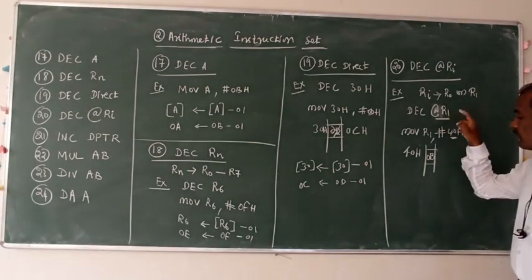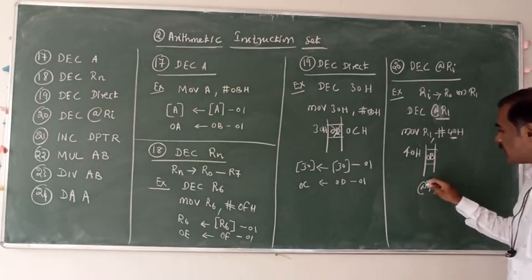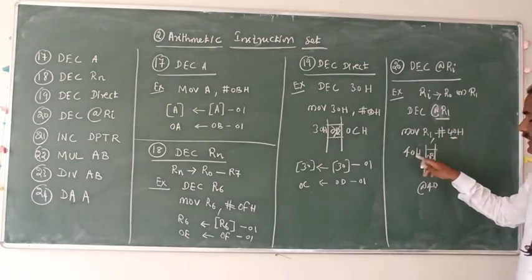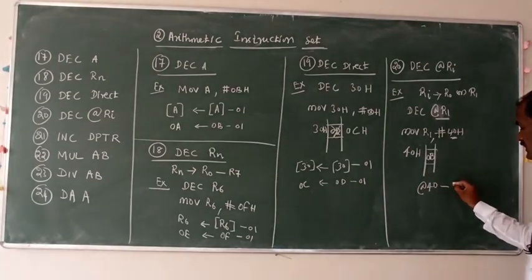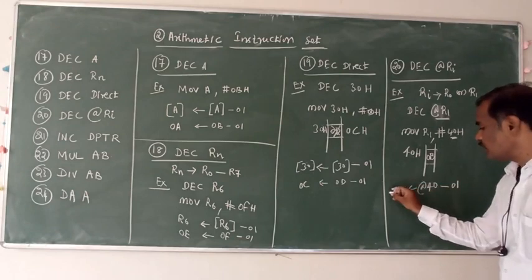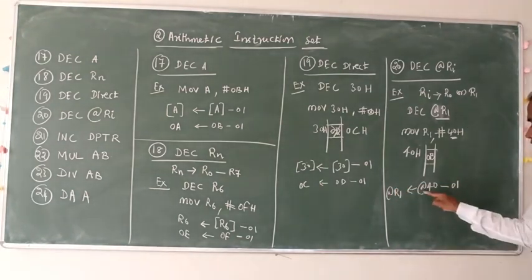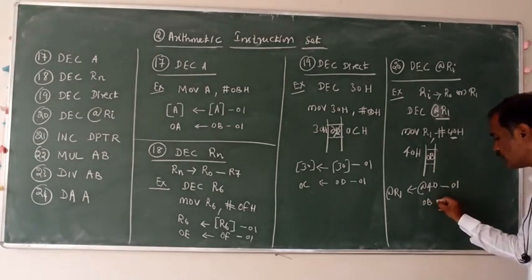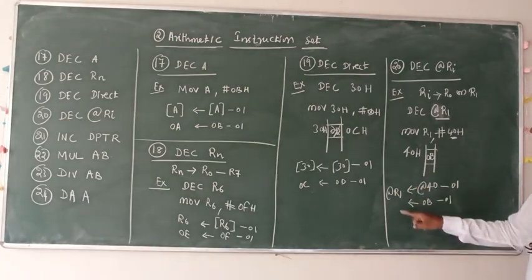Here @Ri means address data. So R1 address 40 and 40 address location data 0B minus 01 and the result to move to the address at R1 itself. Address of 40, 0B minus 01 and the result to move here itself.